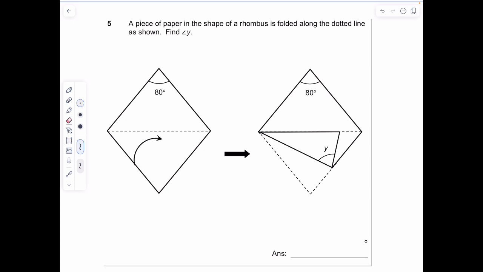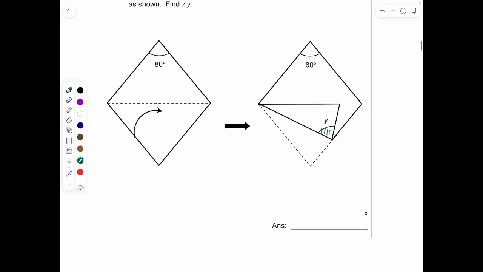Find angle Y, which is this part over here. So the first thing we need to realize is that we can actually take 180 minus away 80.